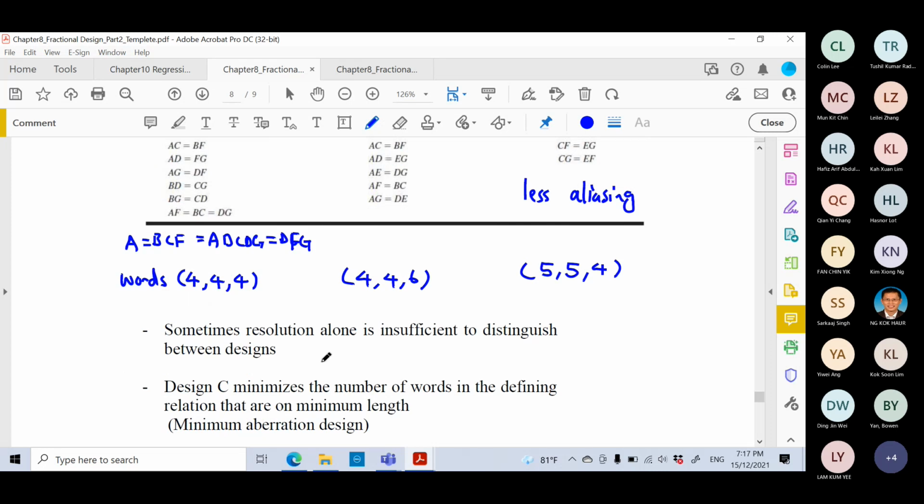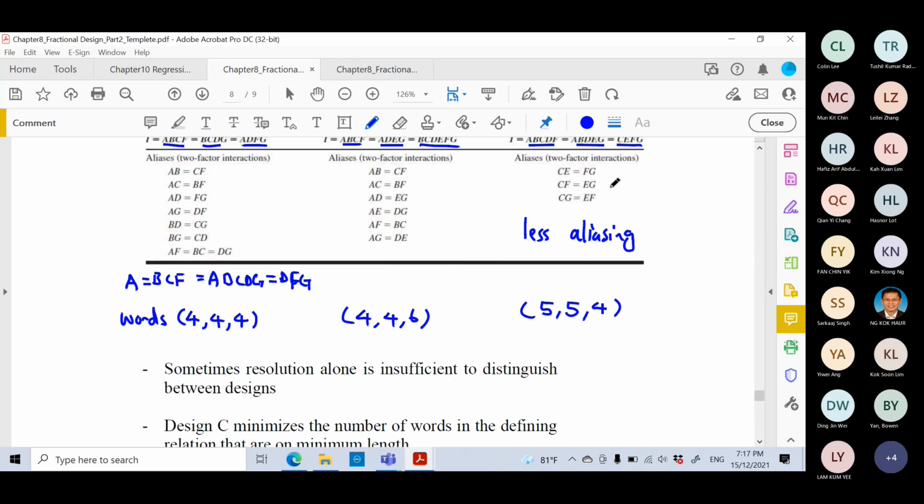Design C minimizes the number of words in the defining relationship, that is, the minimum length here. Because as you can see from here, they only have 3 of them, whereas for this one you have more than that, and this one has even more.